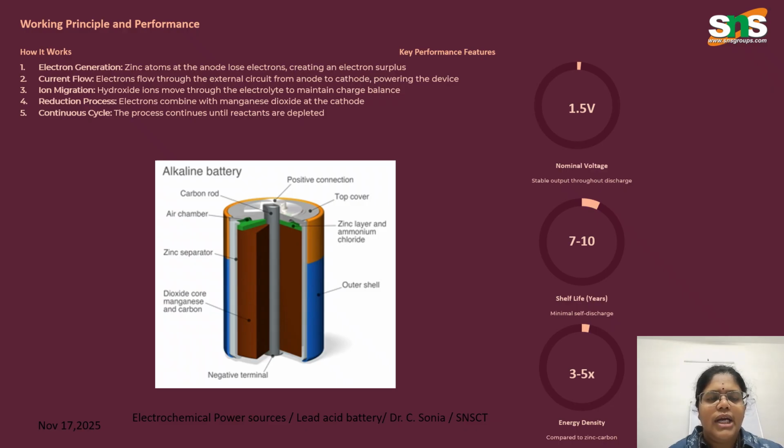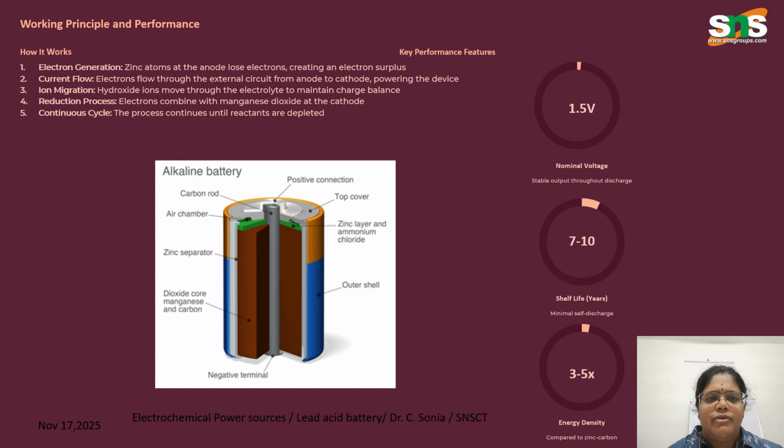Current flow: electrons flow through the external circuit from anode to cathode, powering the device. Ion migration: the hydroxide ions move through the electrolyte to maintain the charge balance. Reduction process: the electrons combine with the manganese dioxide at the cathode. Continuous cycle: the process continues until the reactants are depleted.